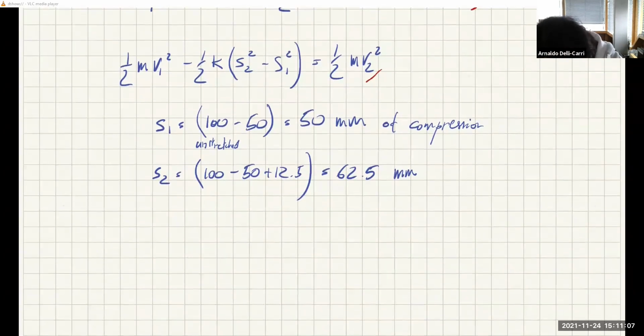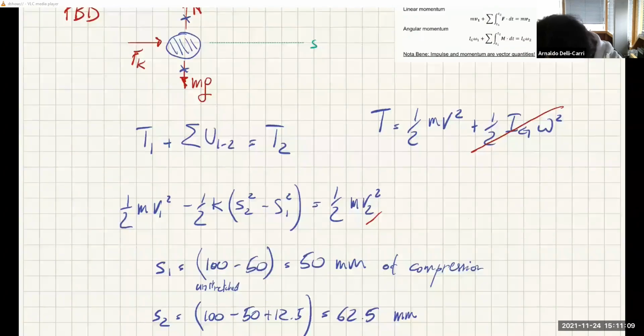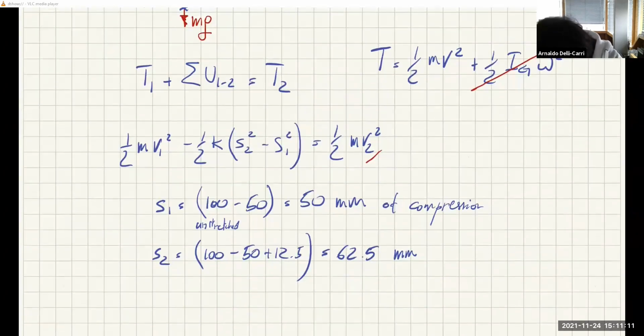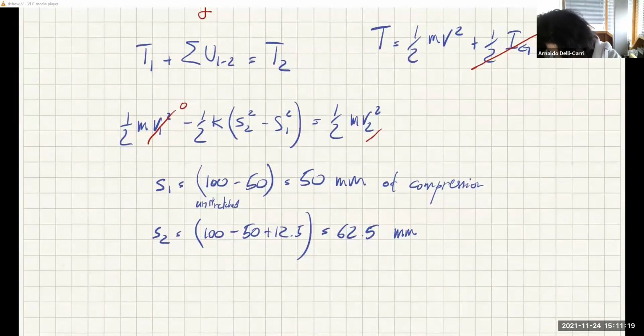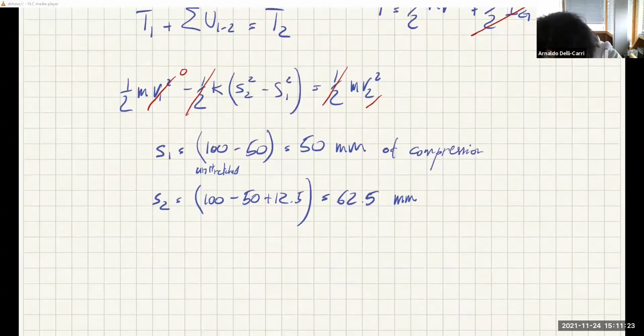So we also know that V1 is 0, because the ball starts at rest. Therefore, we can just rearrange, where we can also take this and this out of the equation, because it's 1/2.